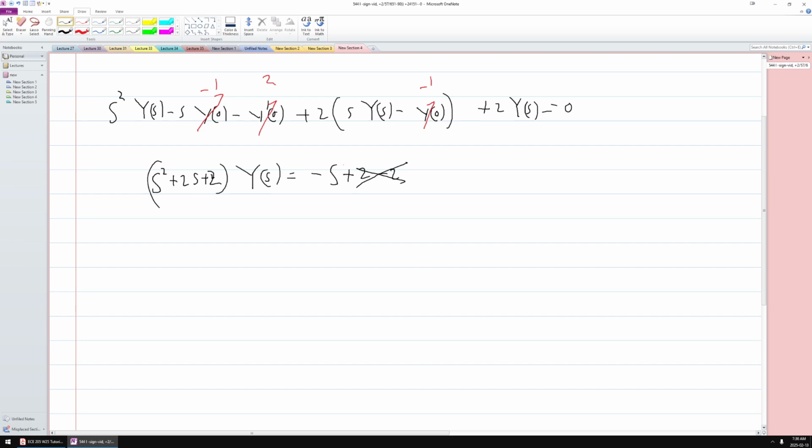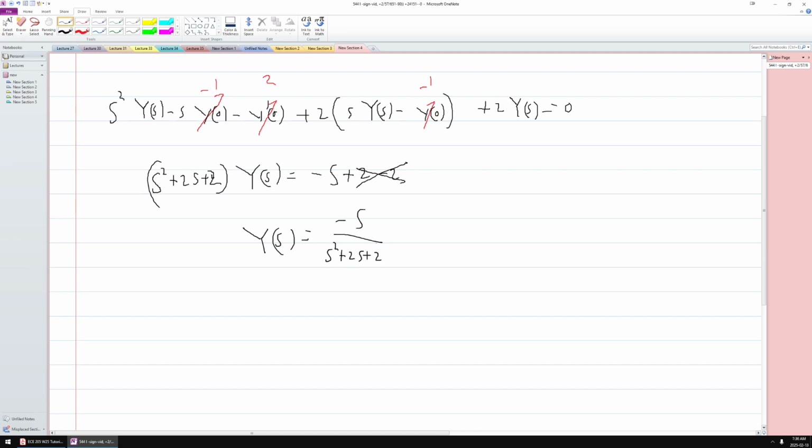Good. So now that I have this, I want to divide through by the denominator, but unfortunately, this one doesn't factor particularly nicely. So I want to try to figure out how I can make this of the form of something in my list. Plus 2s plus 2.